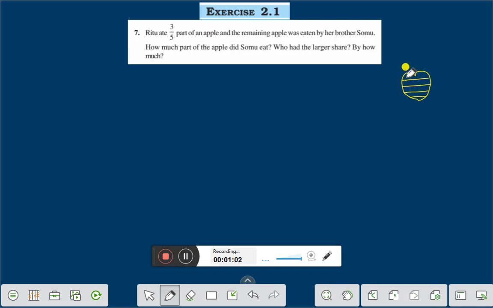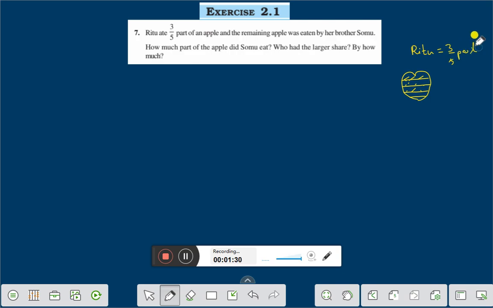That means Ritu ate this part, this part and this part. That means Ritu ate 3 by 5 parts, out of 5 parts.